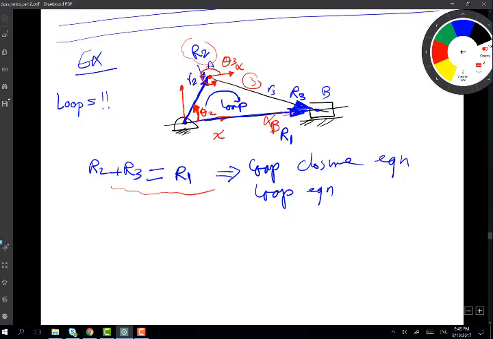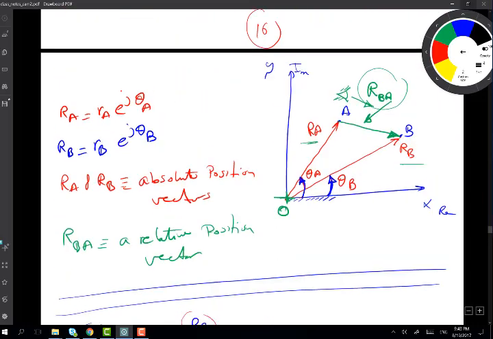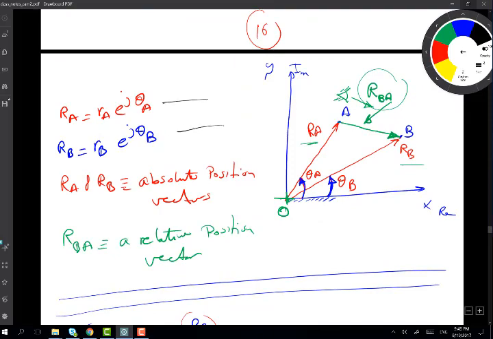So let's write these vectors on the side here. The vector R1 has a length which is xb, and it has an angle, written as e to the j, remember the presentation? This is how we present those vectors in the Euler method.